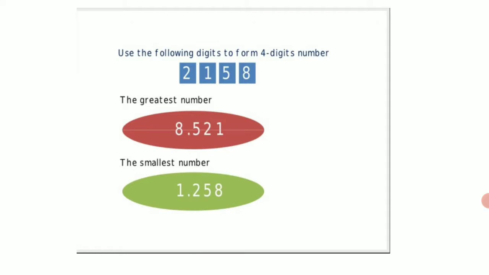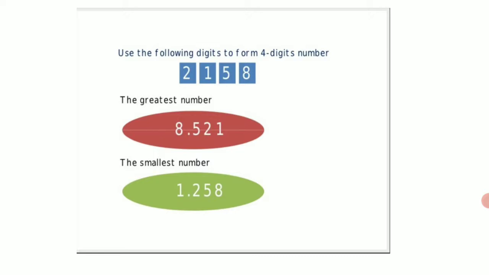So in 2, 1, 5 and 8, the biggest digit is 8, followed by 5, followed by 2 and followed by 1. So the number formed is 8521.